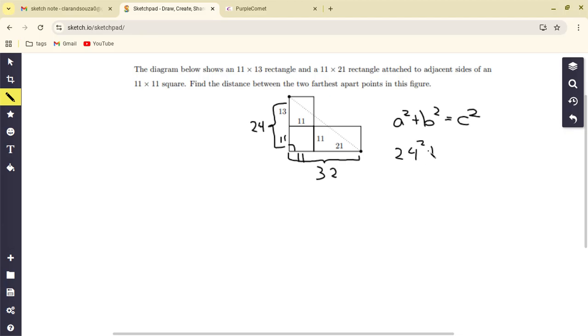24 squared plus b squared is equal to c squared. And we know that b is 32, so 24 squared plus 32 squared is equal to c squared. And now we can solve this.